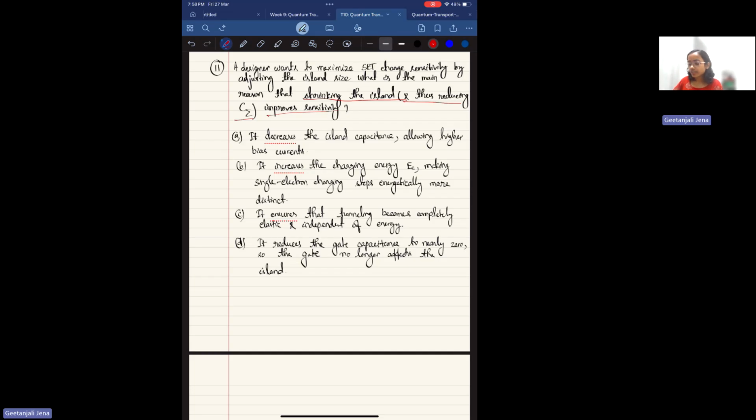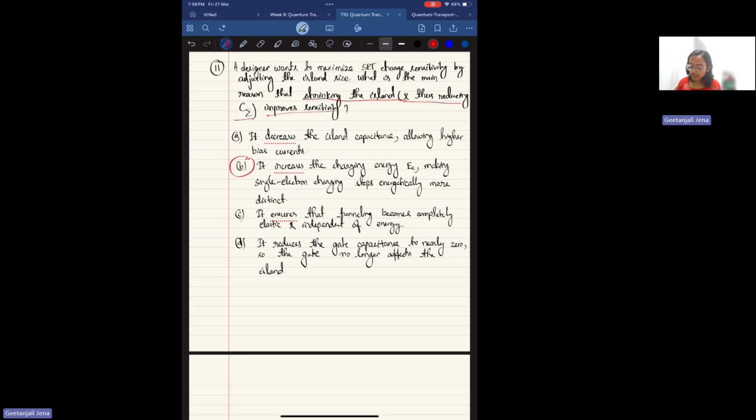Or option D, it reduces the gate capacitance to nearly zero, so the gate no longer affects the island. The correct option is, I think, option B. It increases the charging energy, which makes the single electron charging steps energetically more distinct.